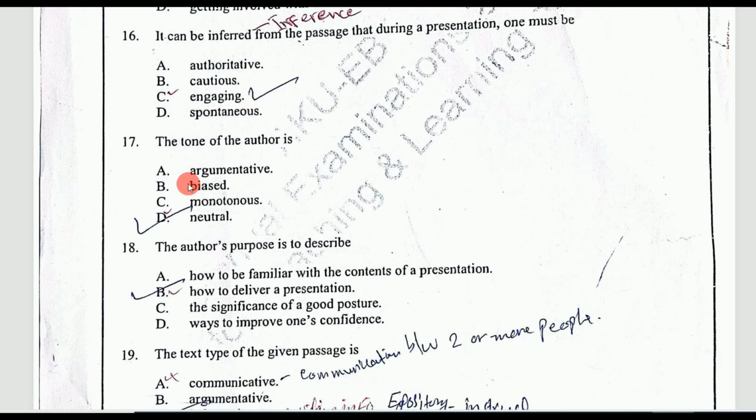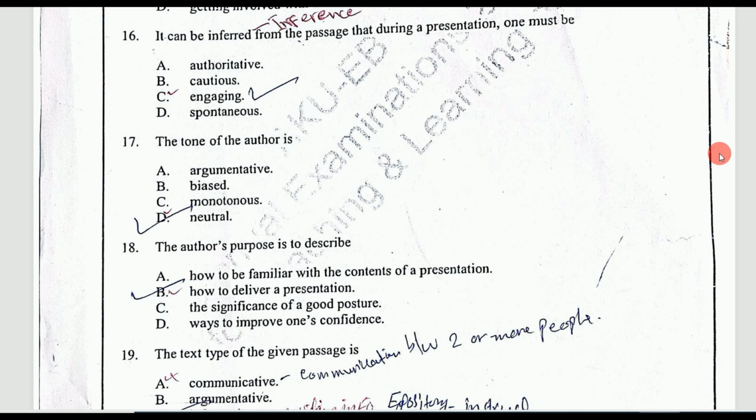The next question says the tone of the author is: is it argumentative? No, it's not arguing about anything. Is it biased? Is he taking one side? No, it's not taking any side. Is it monotonous or dull? Not really. So his tone is neutral throughout the passage because he's not taking any side.